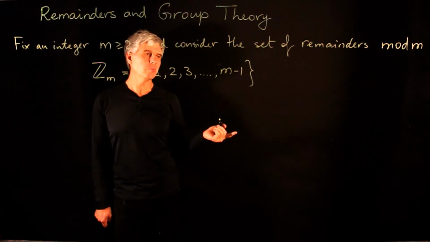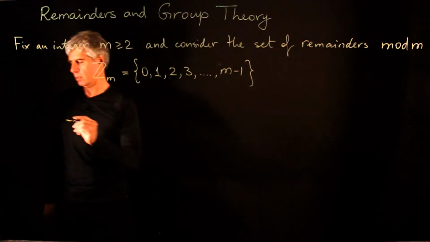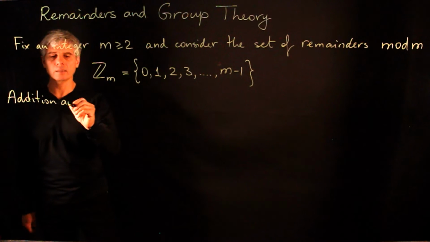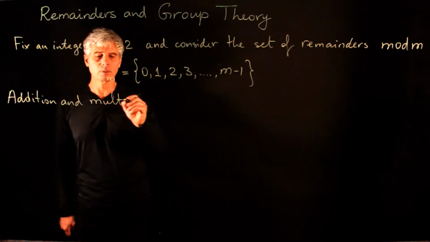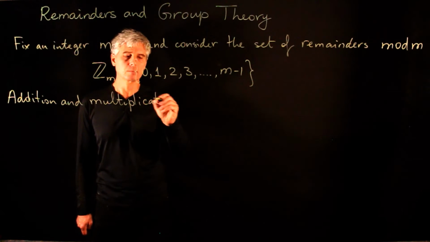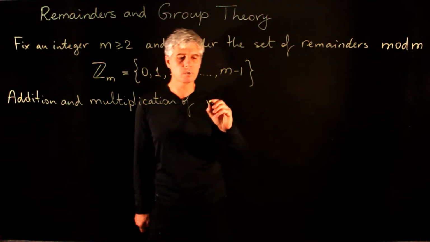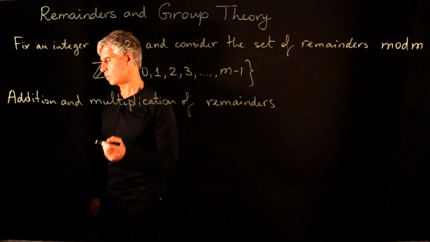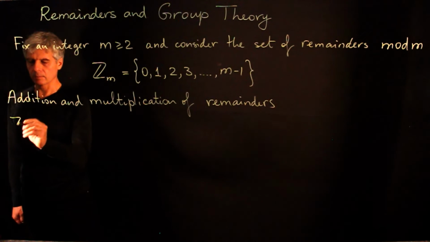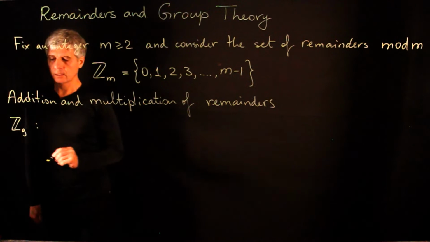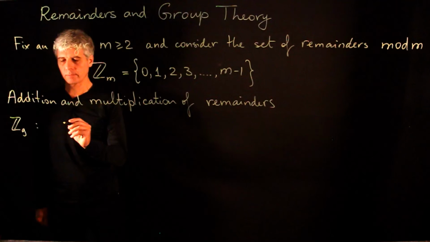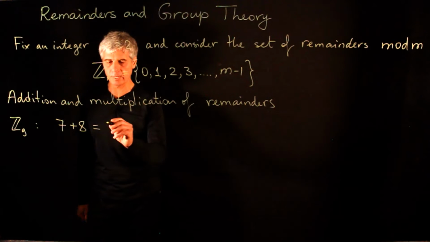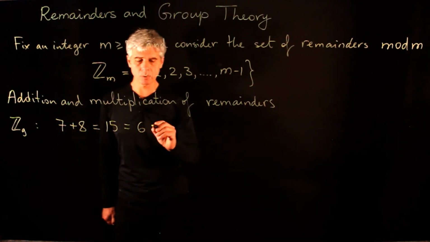There are 2 basic arithmetic operations on the set Zm: addition and multiplication of remainders. So if we consider Z9, then in this set of remainders, 7 plus 8 is equal to 15, but this is 6 mod 9.